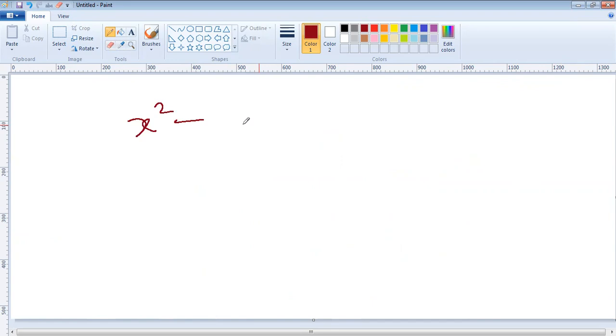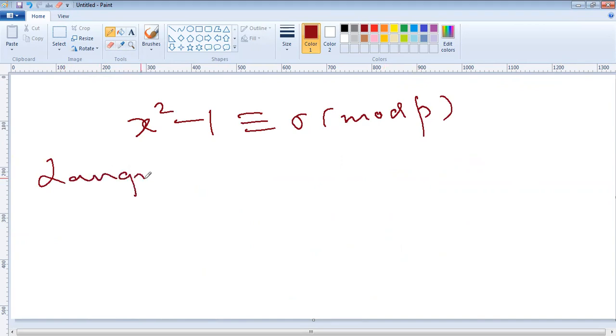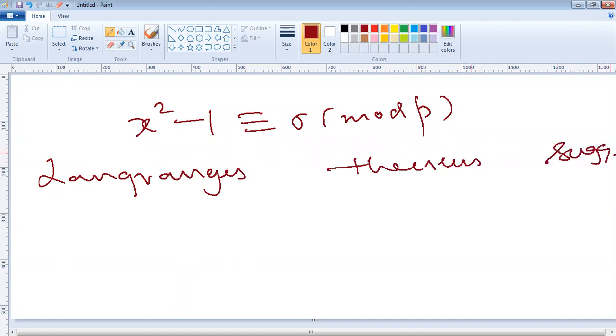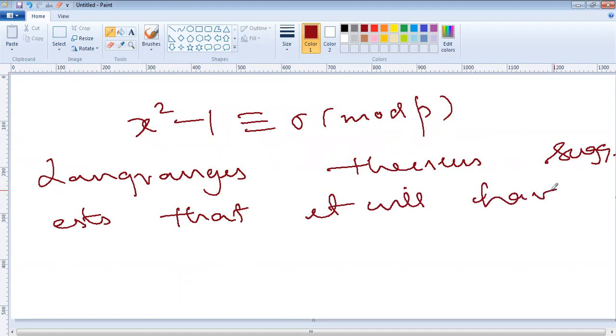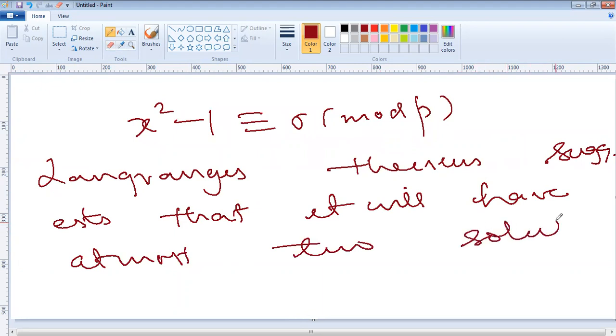Since we have this congruence of degree 2, Lagrange's theorem suggests that it will have at most 2 solutions modulo p.